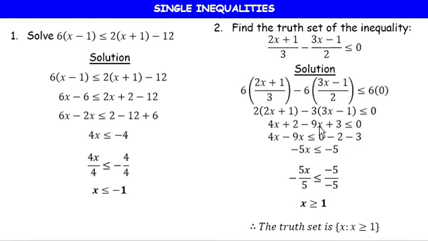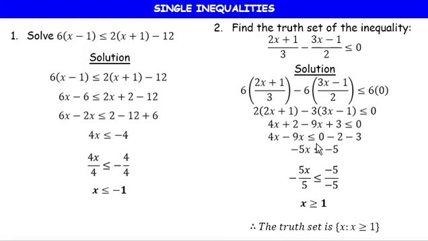So negative times negative is positive. Right? So bear in mind that this negative 3 is multiplying everything in the bracket. So it is negative 3 times 3x, that is negative 9x, and negative 3 times negative 1, so that gives you plus 3, positive 3, right? Less than or equal to 0.